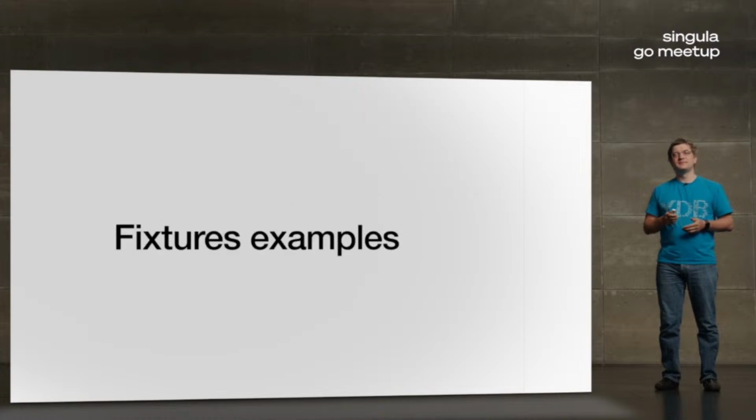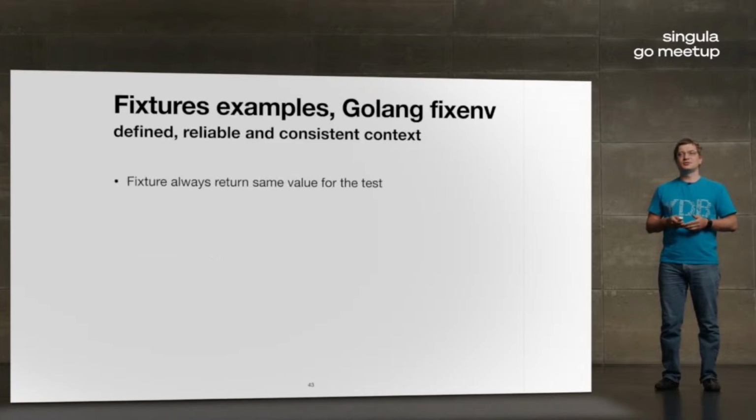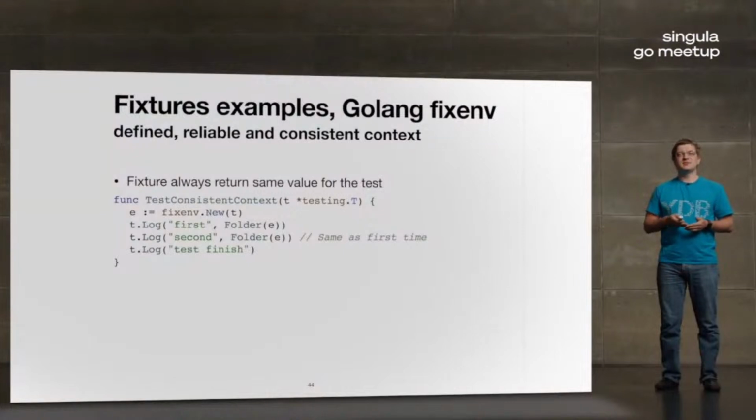For example, a fixture will return the same value during the test. We can write a test and call the folder fixture a few times. First time, second time, and so on. What will we see in the log?